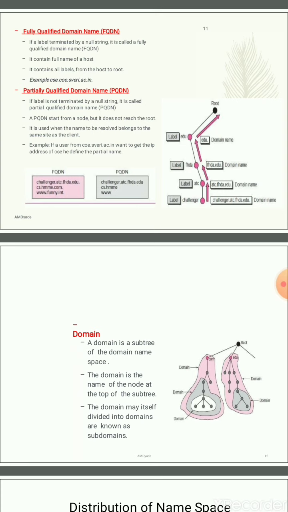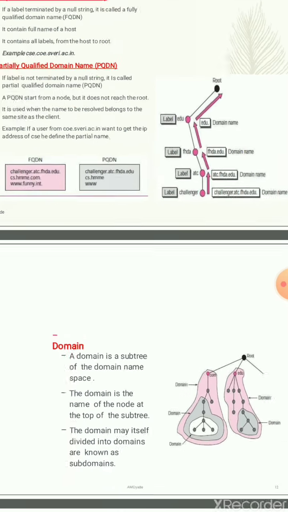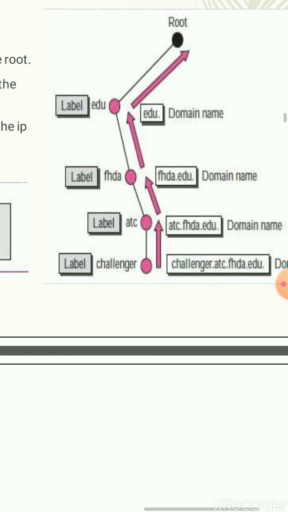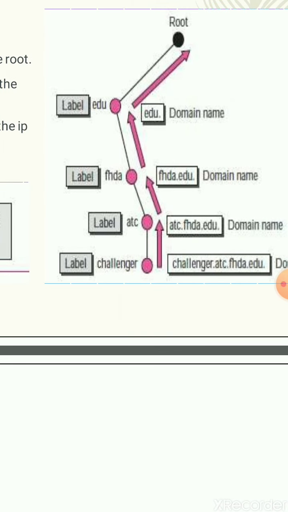In the definition, it is also explained that it goes from host to root. In our diagram, we can see this is your host machine. From there till the root is nothing but a fully qualified domain name. For example, consider that we have a website called www.google.com.